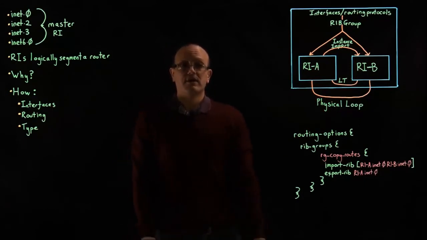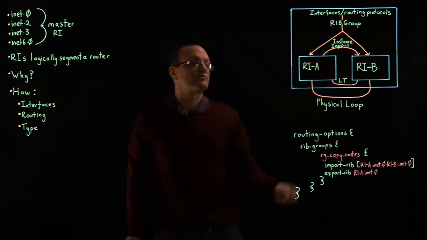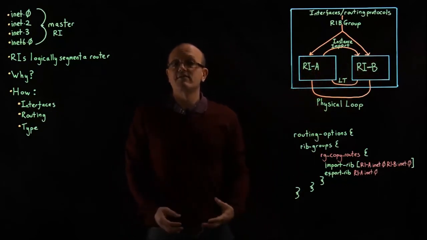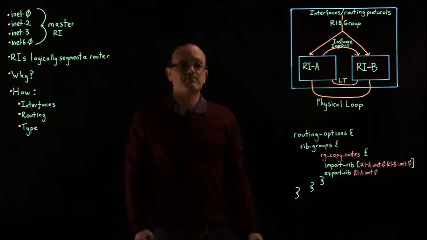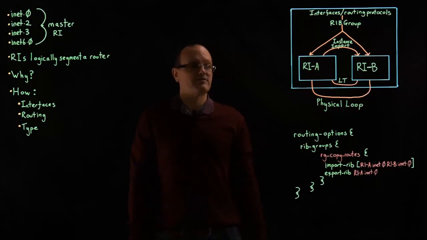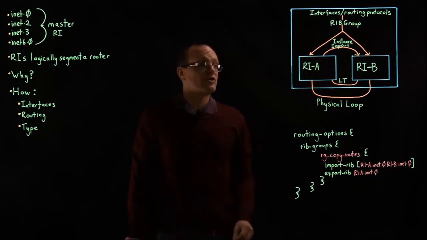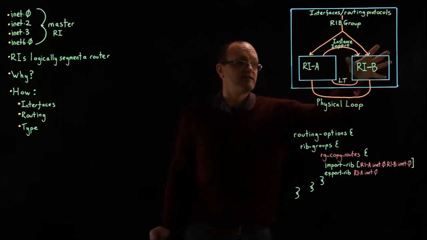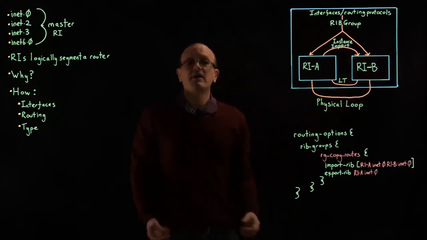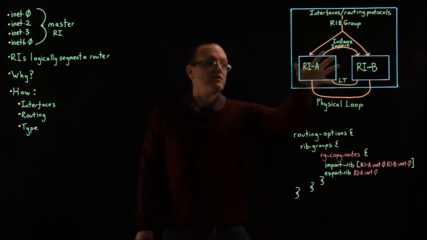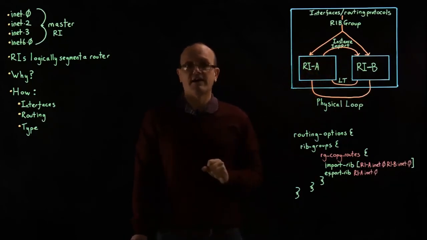Another option is that we can leak routes between these two different routing instances. And there are a number of different ways that you could do this. The first is that you could use an instance import policy. So in this example here, you would configure an instance import policy within routing instance RIB, and you would tell it to import some or all of the routes from routing instance RIA.